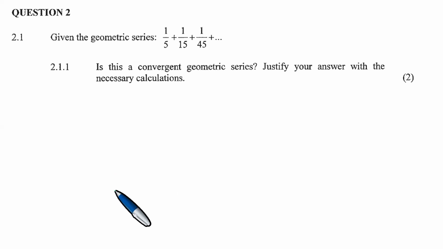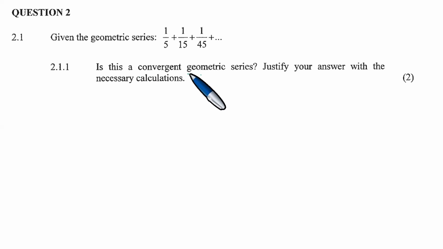Right, let's look at 2.1.1. Is this a convergent geometric series? So at this point, we need to determine whether it is a convergent geometric series or not. But first, we realize that we must justify your answer with the necessary calculations.